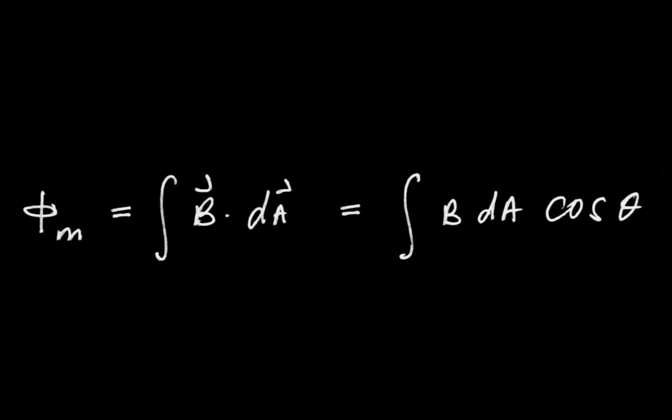So what I need is one of three things or a combination. I either need time-dependent magnetic field or time-dependent area, or I need the angle between the magnetic field and the area to be time-dependent, or some combination of the three.